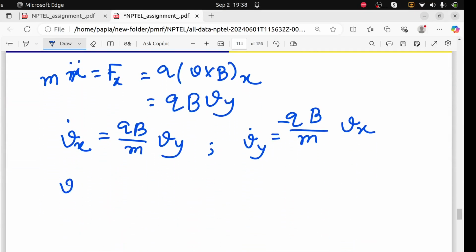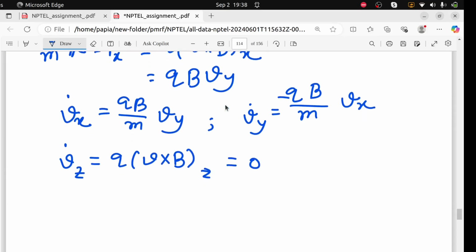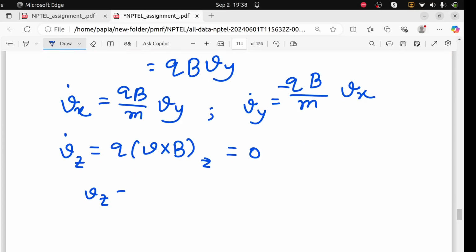And Vz dot is q into the z component of v cross B, which is 0. So Vz is a constant. Then Vz is simply like one line. Now z is like ct plus d or something.